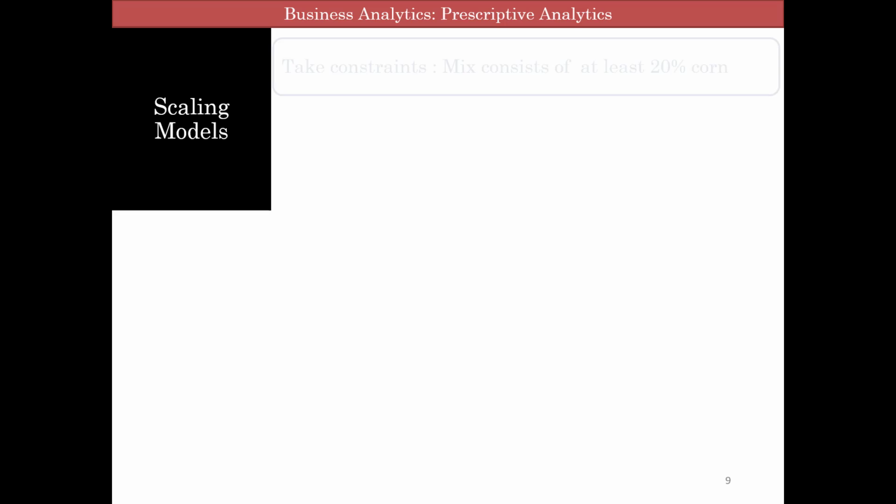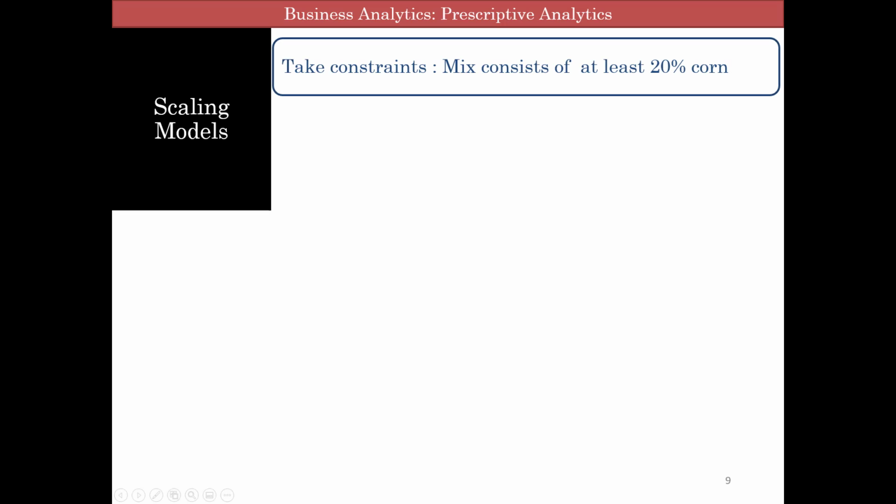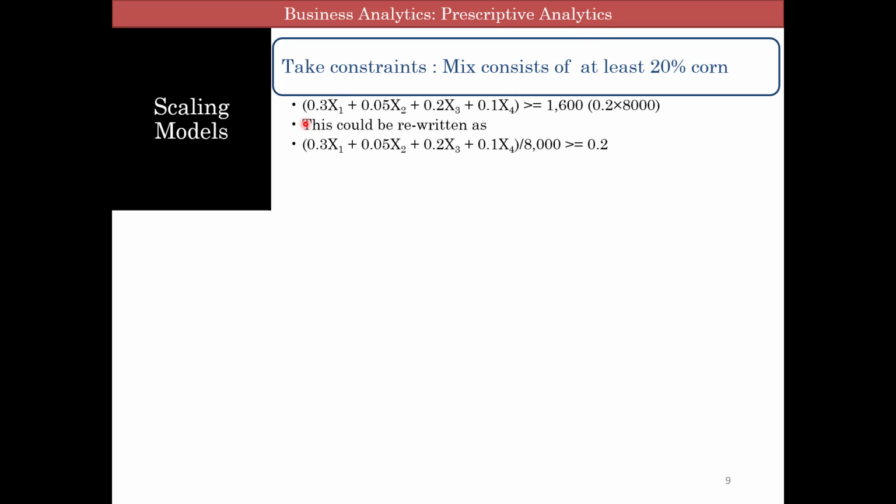Okay, so we got this answer, but I want to talk a little bit about models and their scaling. Take this constraint, mix at least 20% corn, right? So it is written like this, it's 0.2 multiplied by 8,000. But it could also be rewritten like this. Take the 8,000 down here. If we want the left-hand side to be a percentage value, we just keep 0.2 here and divide this whole thing by 8,000.